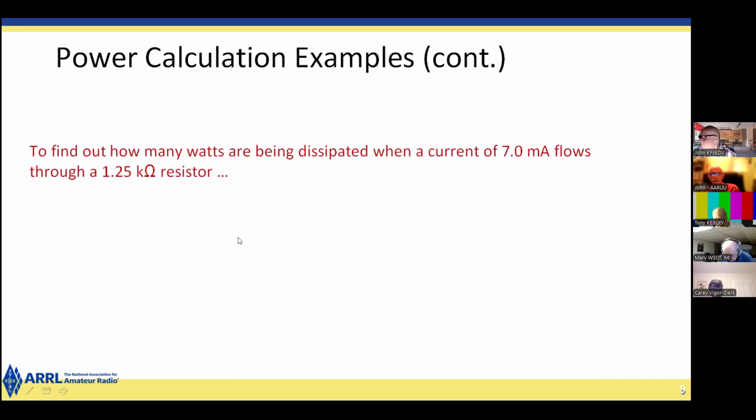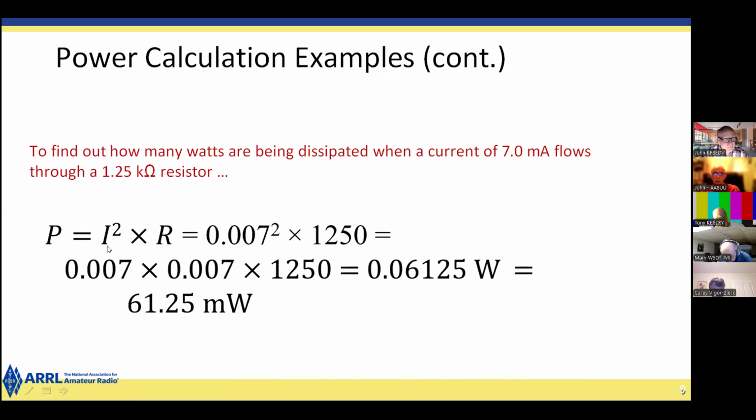To find out how many watts are being dissipated when a current of 7 milliamps flows through a 1.25 kilohm resistor, ta-da!